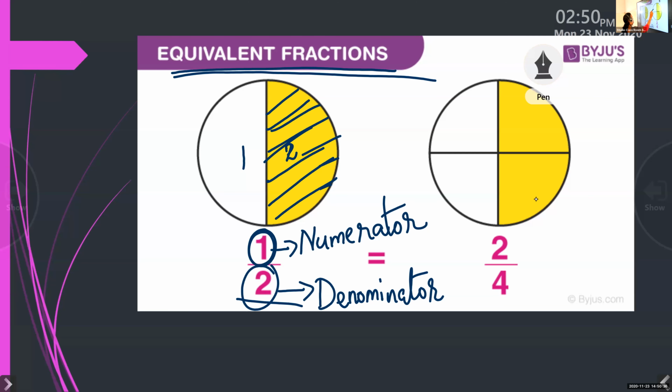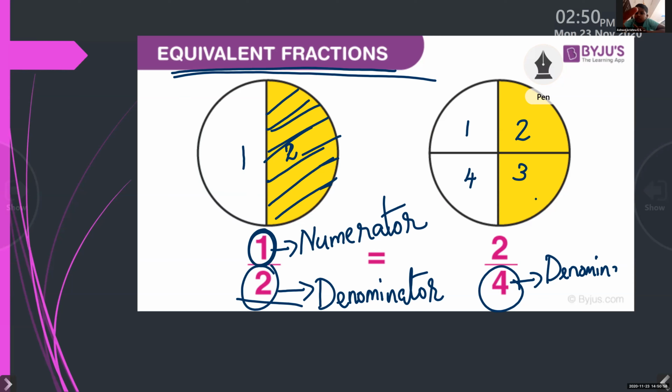Can you see the board? 1, 2, 3. So how many total parts? 4 parts. What is that 4 known as? Denominator. Very good. 4 is the denominator. And how many parts are shaded?